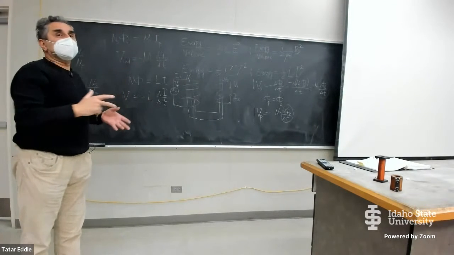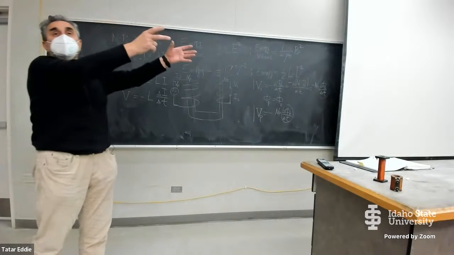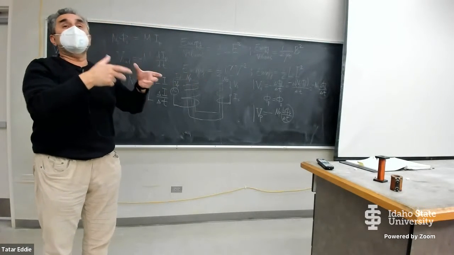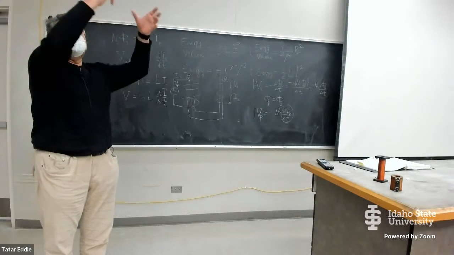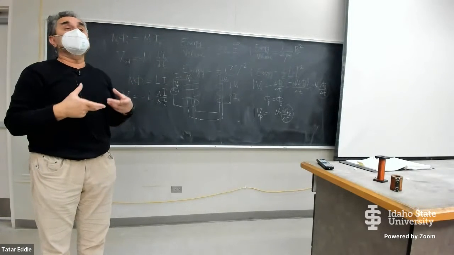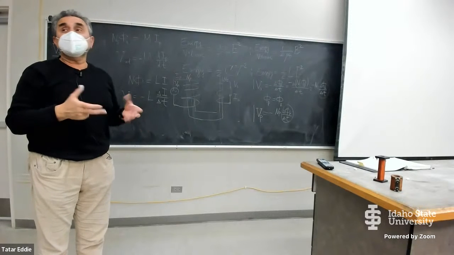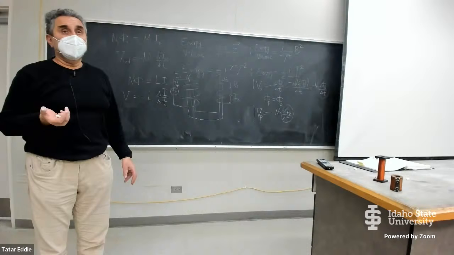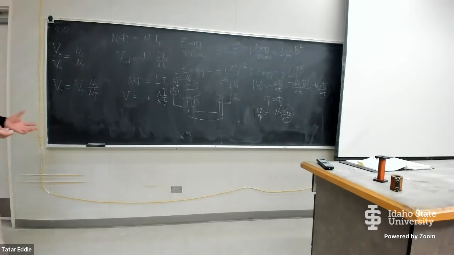Those 72,000 volts go close to the house, and close to the house you have another step-down transformer that reduces the voltage from 72,000 volts to 120 volts, and you can use it. So this is the use of the transformer.